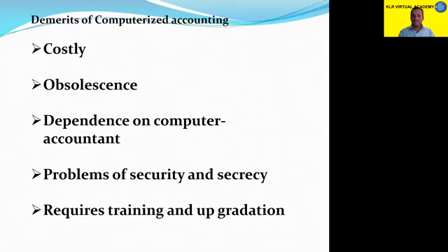Next one, problems of security and secrecy. Say a password mechanism is there, data entry restriction is there, data backup is there. Of course, in spite of these practices, we are still facing a lot of cyber crimes. For this, you are supposed to use authorized software, standard equipment, and very recently configured equipment.